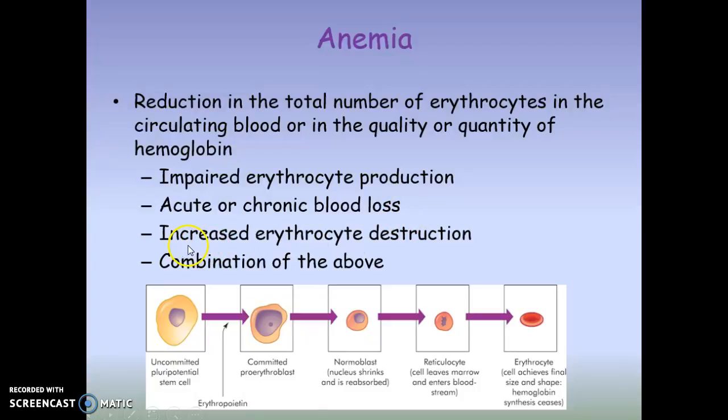And then your body can have increased erythrocyte destruction, or a combination of any of those. This is a very simple diagram of the process of developing red blood cells. You can look in your textbook at figure 20.11. This is a better figure showing a more in-depth role of erythropoietin in the process of erythropoiesis.